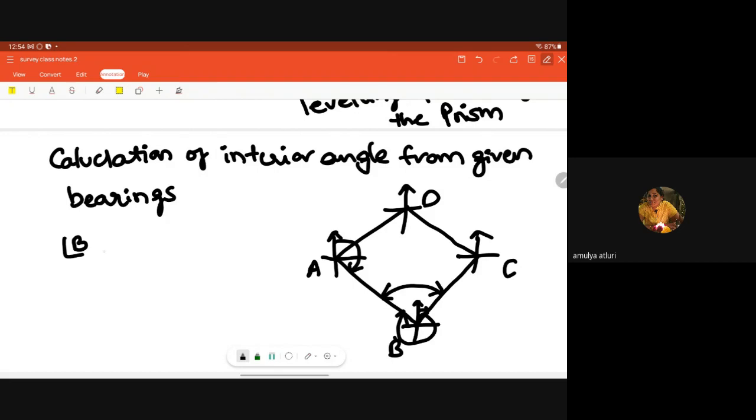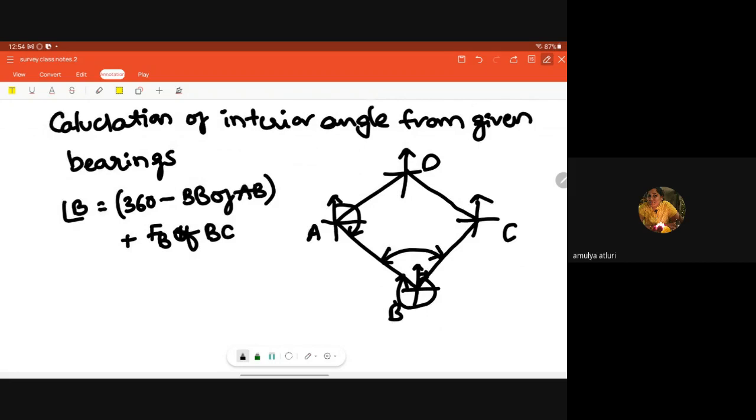So how do we calculate angle B? Angle B is equal to 360 degrees minus, the whole angle is 360, right? So 360 minus back bearing of AB plus forebearing of BC.